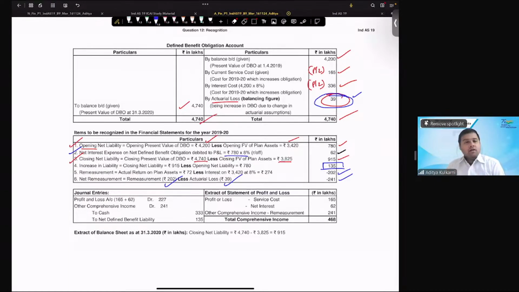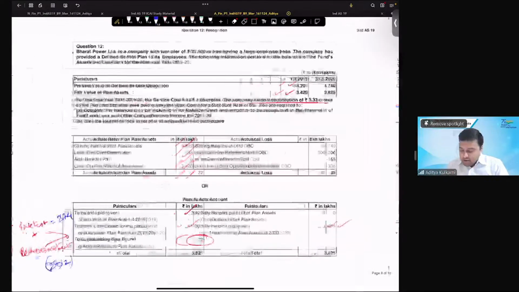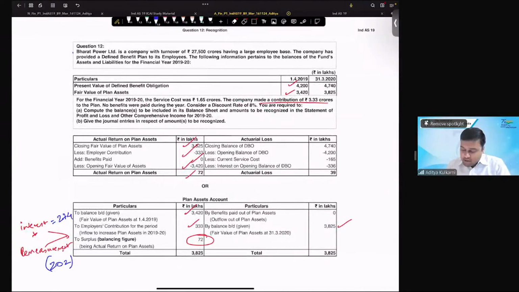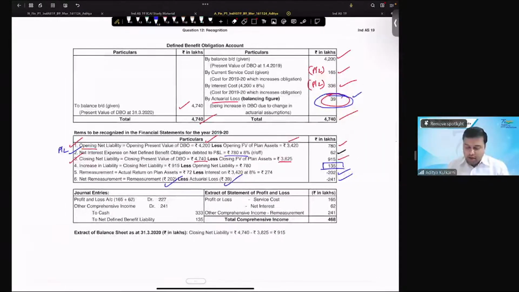And now we talk about the journal entry. So what will be your journal entry? Very simple. What all hits your P&L? Net interest expense 62 and current service cost. What is your current service cost? 165. So P&L account, that is your employee benefit expenses, EBE debit 227, which is 165 plus 62.